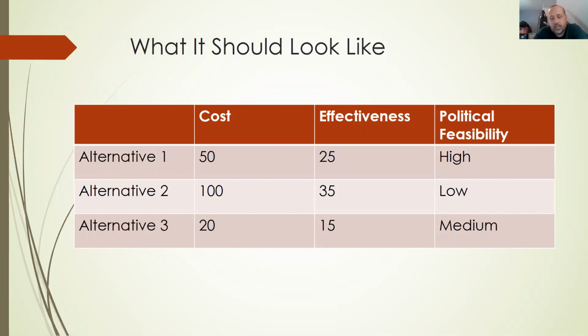And what you'll see is people differ on these things. Okay, some people are going to say, I want alternative 1 because even though it costs more, it's more effective and it has a high political feasibility. Some people may choose 3 because it has a lower cost effectiveness ratio and it's still somewhat likely to get passed.